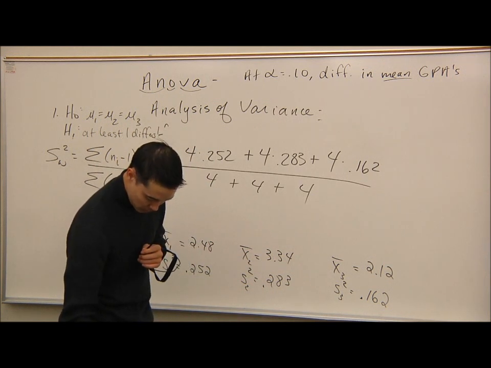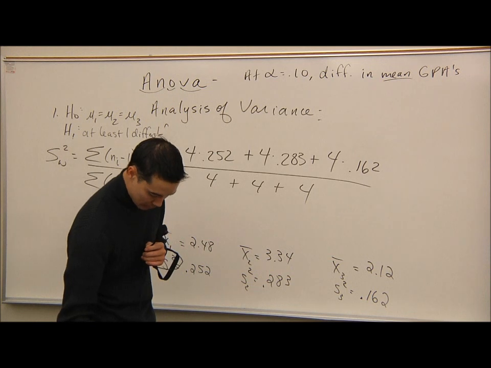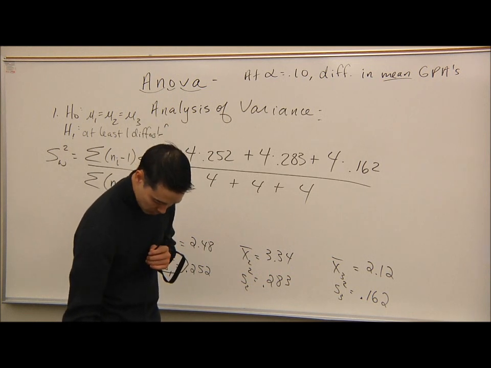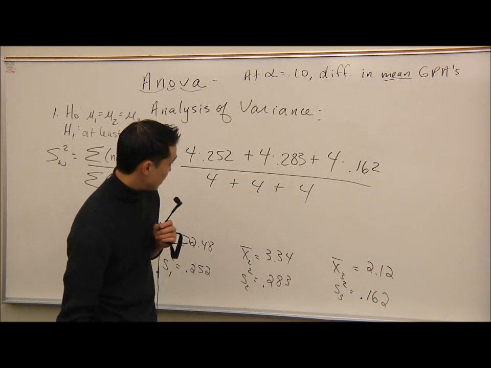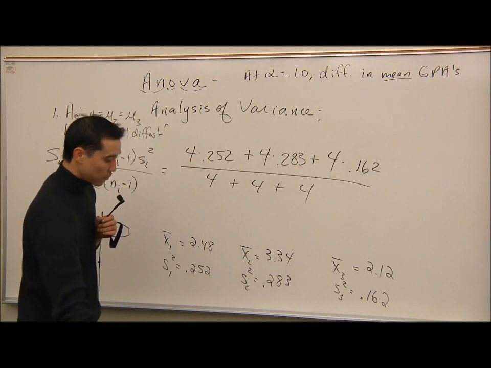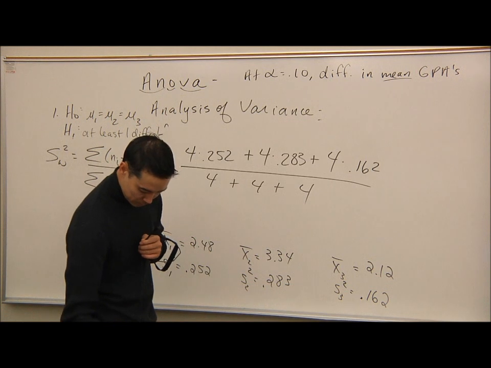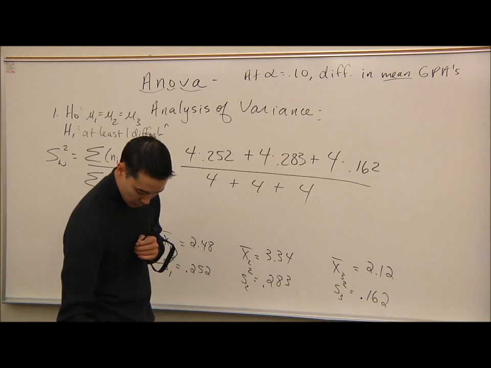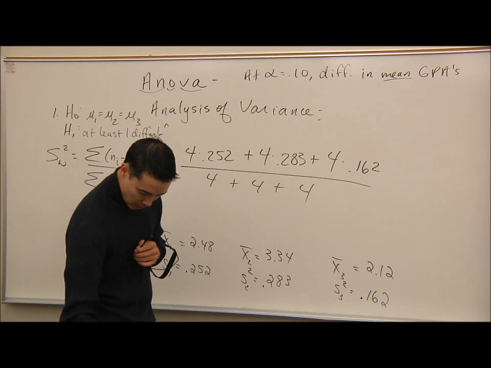So we have 4 times 0.252 plus 4 times 0.258 plus 4 times 0.283 plus 4 times 0.162 divided by 12. 0.2323.